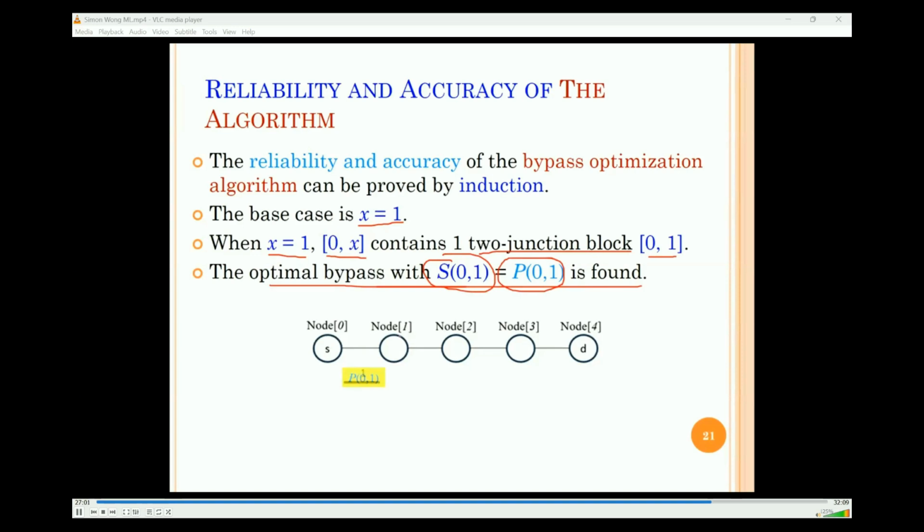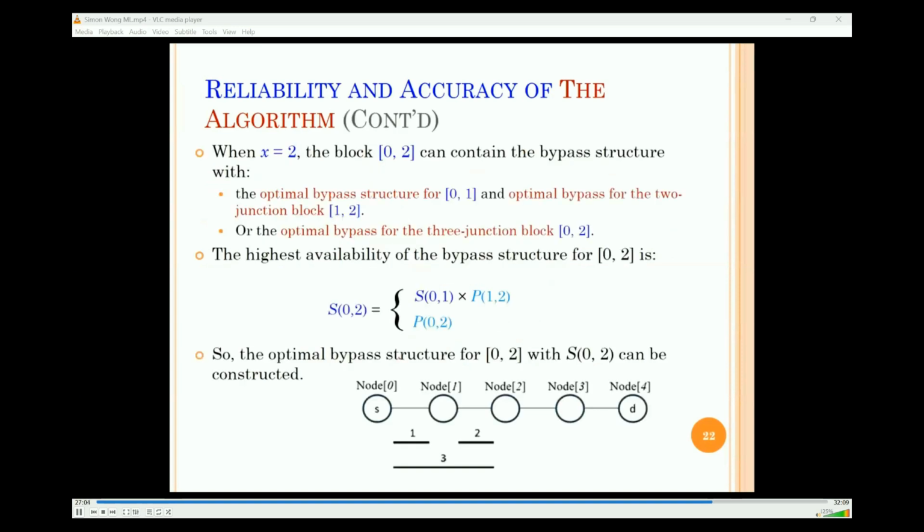Then next, when x is equal to 2, we want to find the optimal bypass between log 0 and log 2, which contains the optimum bypass structure for the 0, 1 block, and the optimal bypass for the two junction block 1, 2, or the optimum bypass structure for the 3 junction block 0, 2.